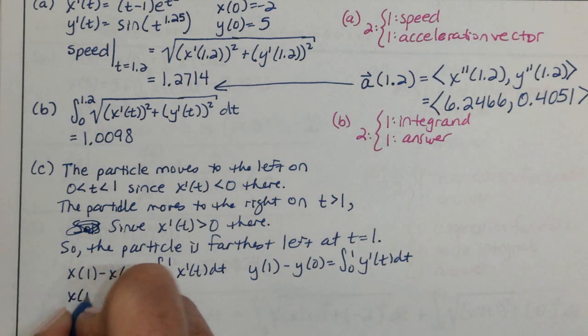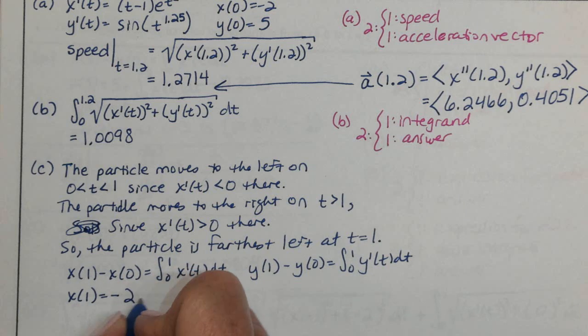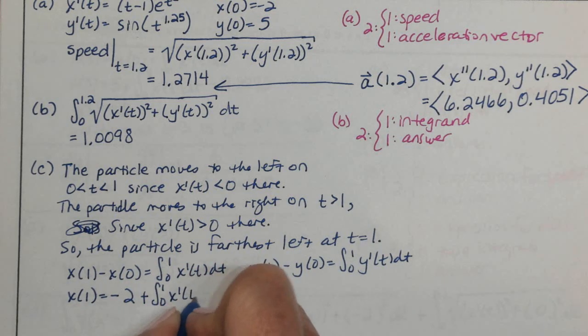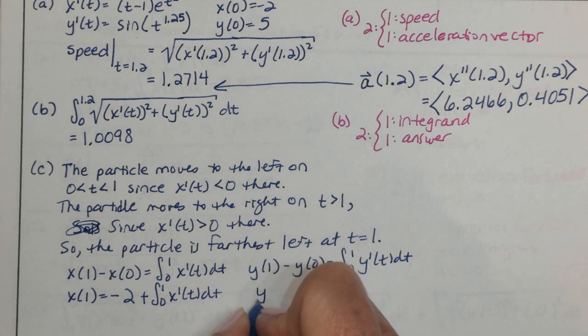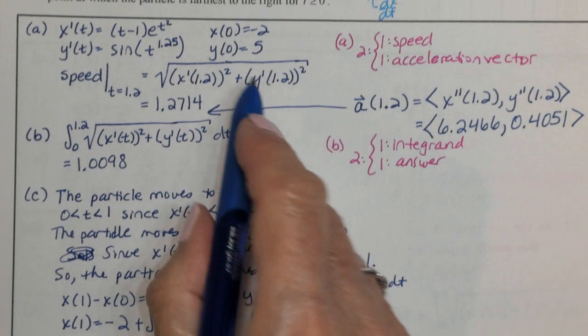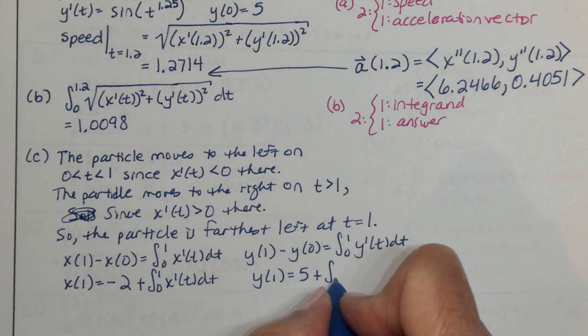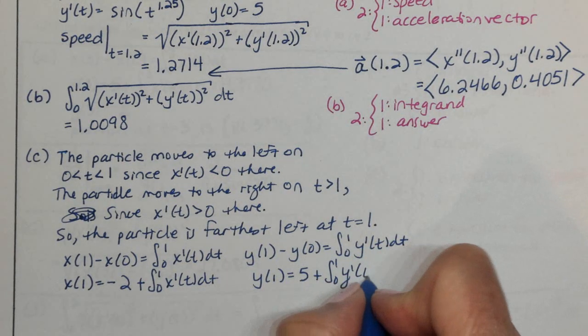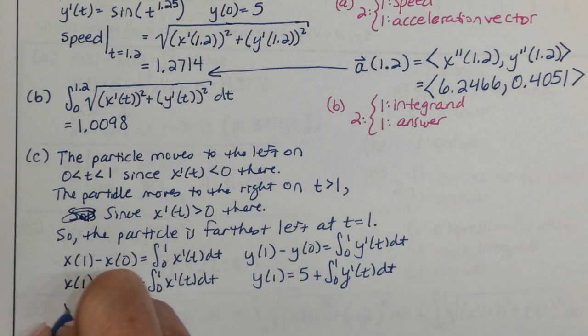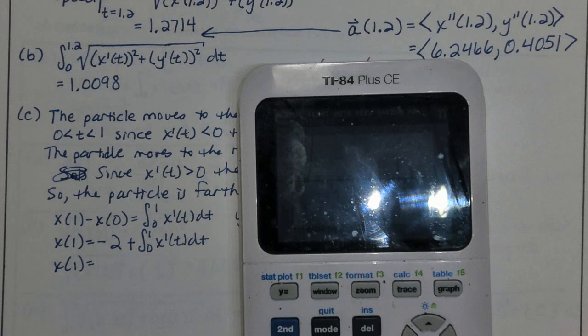So x at time 1 is negative 2 plus the integral 0 to 1 of x prime, and y at 1 will be 5 plus that integral, and I'm going to use my calculator to get both of those.